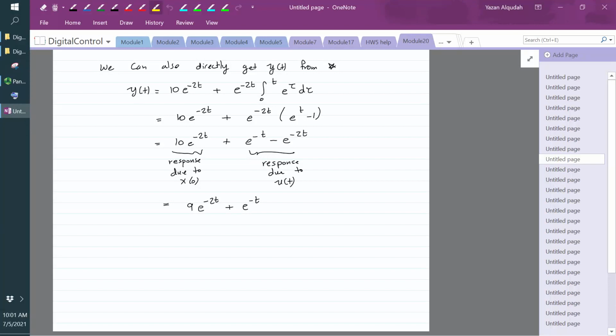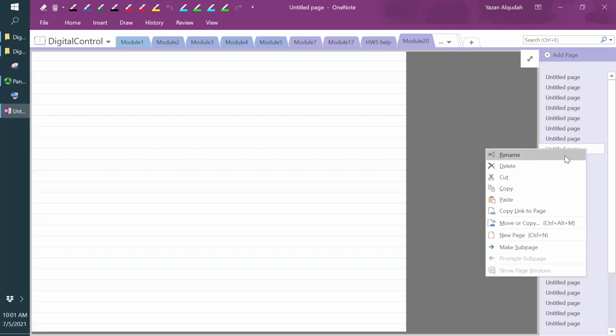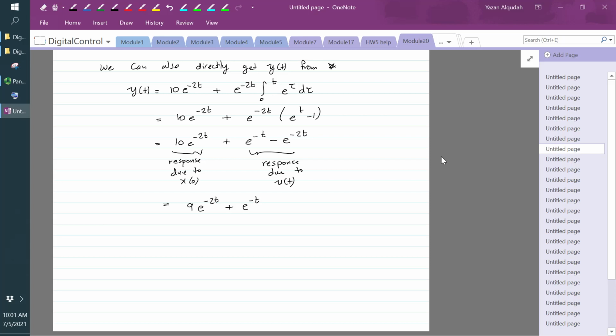Now we can also get this y of t directly from the integration formula that we have there. Y of t is equal to 10 e to negative 2t plus e to negative 2t, integration from 0 to t, e to tau d tau.